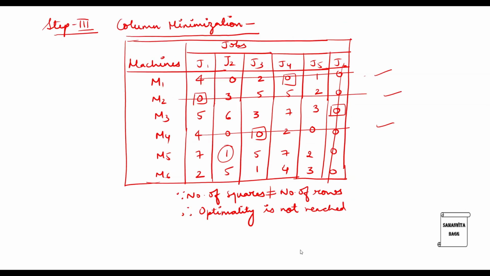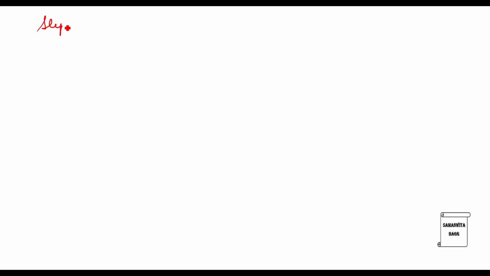If you also want to know, when the number of squares is not equal to the number of rows, this is also called a case of degeneracy, which means I was not able to allocate all the machines with a particular job. So now we'll go for step 5, that is the optimal solution.